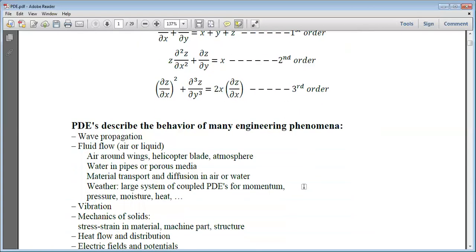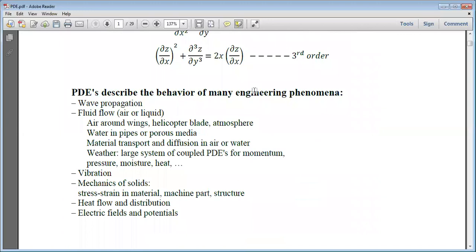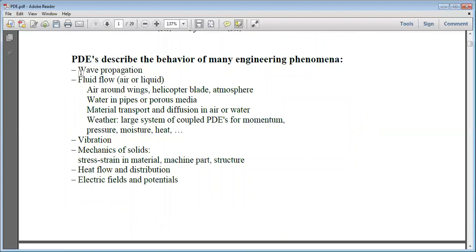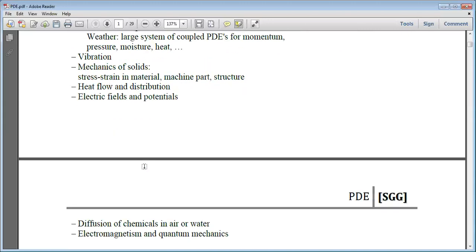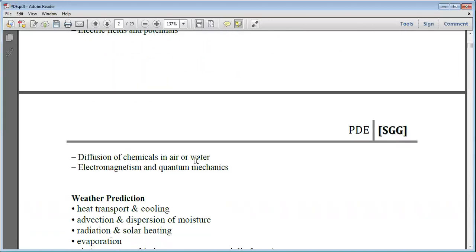Now let us see where partial derivatives are involved in our engineering field. You can find wide application of partial differential equations in the engineering field. Wave propagation, fluid flow. Fluid flow may be air around wings, water in pipes, material transport, weather, which consists of a large system of coupled PDEs, vibration, mechanics of solids, stress and strain in materials, heat flow and distribution, electric field, magnetism, diffusion of chemicals.